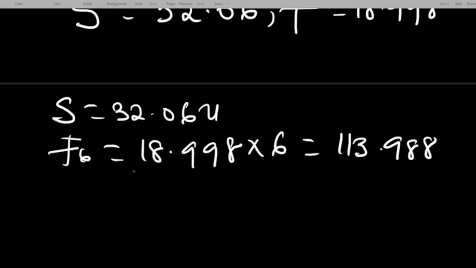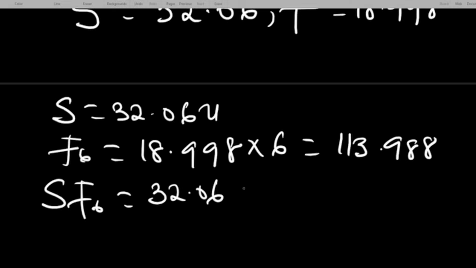And then we just have to add them together. So SF6 is equal to 32.06 plus 113.988. Let's add them together.